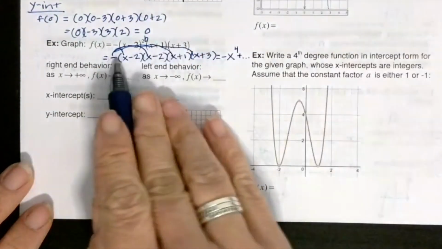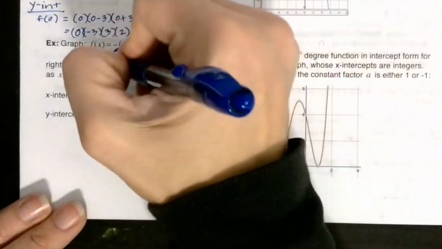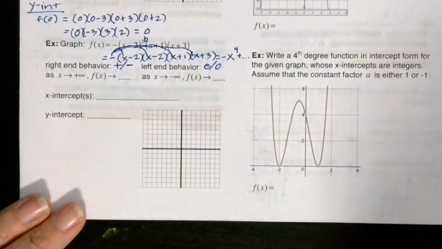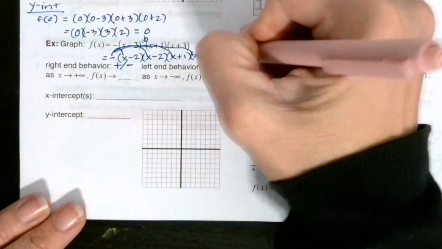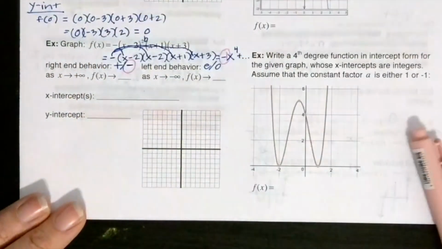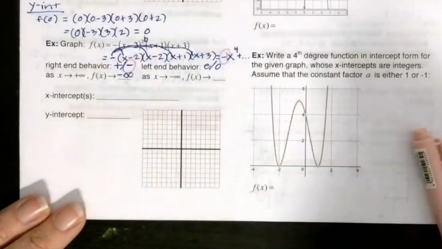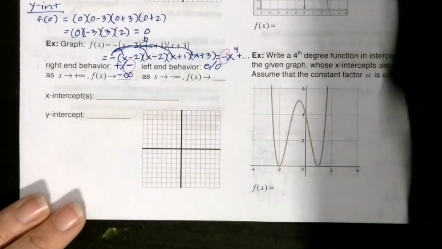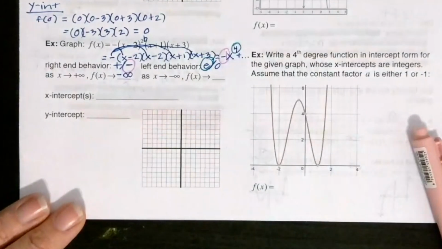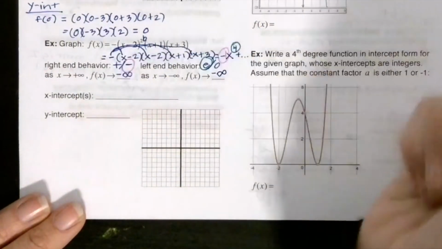So that negative in front does get counted in this. So we have plus, minus, even, odd. So the number in front is negative 1, which means that's negative. So this is going to go to negative infinity. And then this right here is a 4, which is an even number, which means it's exactly the same as the right. So that's negative infinity.